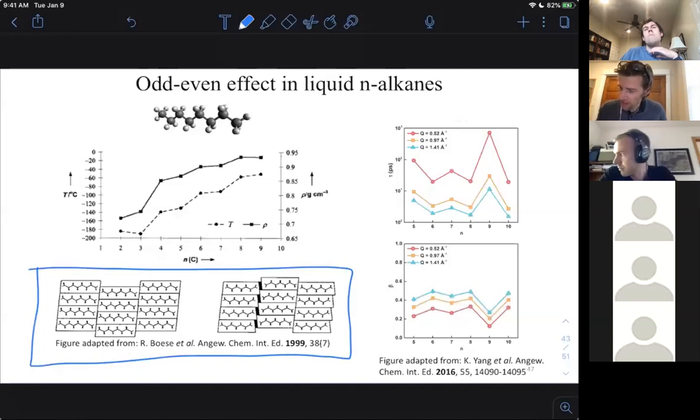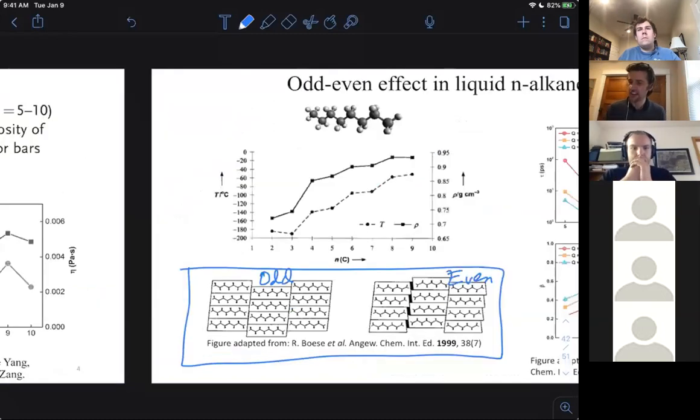I'm not sure which is odd and which is even, but in one case, you're able to pack the alkanes much more efficiently if you have an odd number of carbons versus an even number. And that's the major explanation that people have for this odd-even effect. Unfortunately, in the liquid state, things aren't packed, right? In the solid state, they're packed, but in the liquid state, they're not.